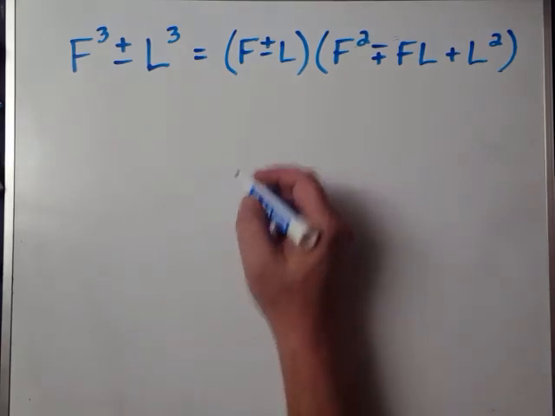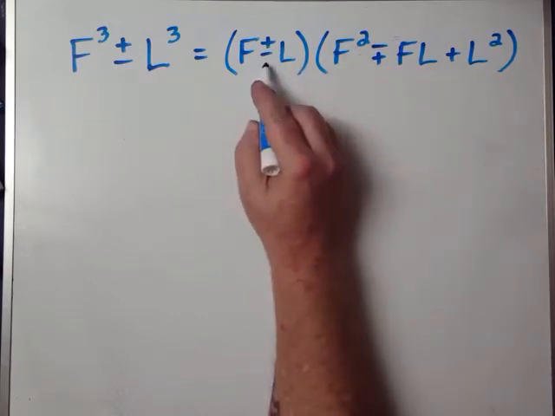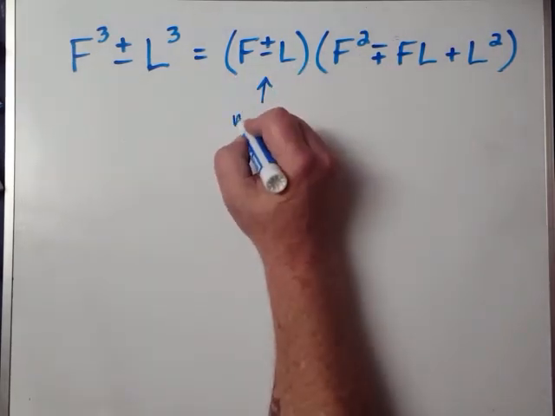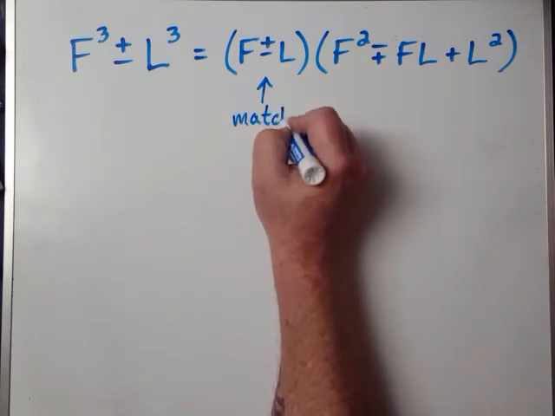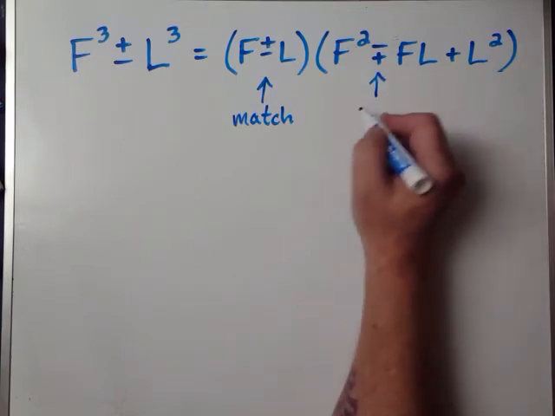A couple things to notice. The sign in this binomial will always match the sign of the problem. The first sign in this trinomial will always be the opposite of that.